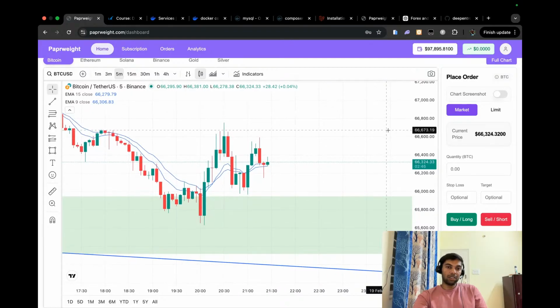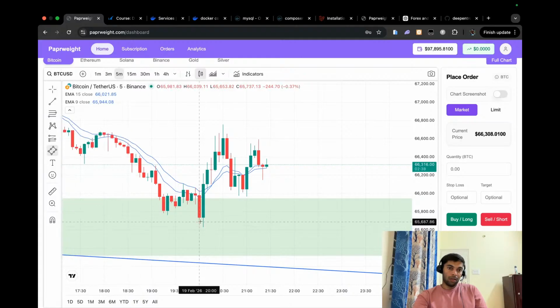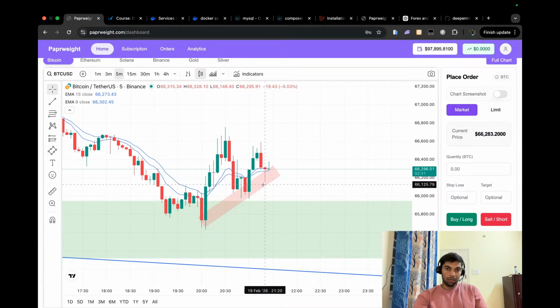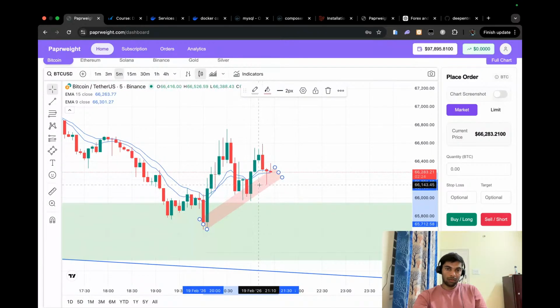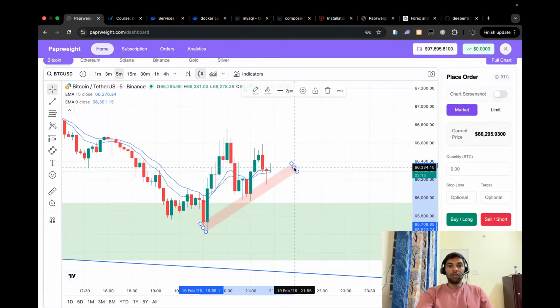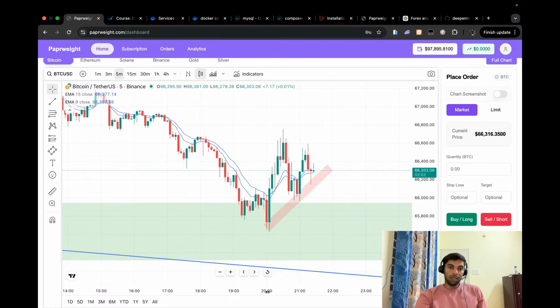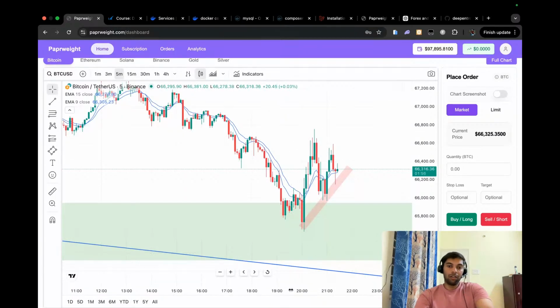As you can see, for 5 minutes, the market is also following a trend line in the up direction, and it is also making a double top, telling us that there are sellers at this point. But let's see how it will go.